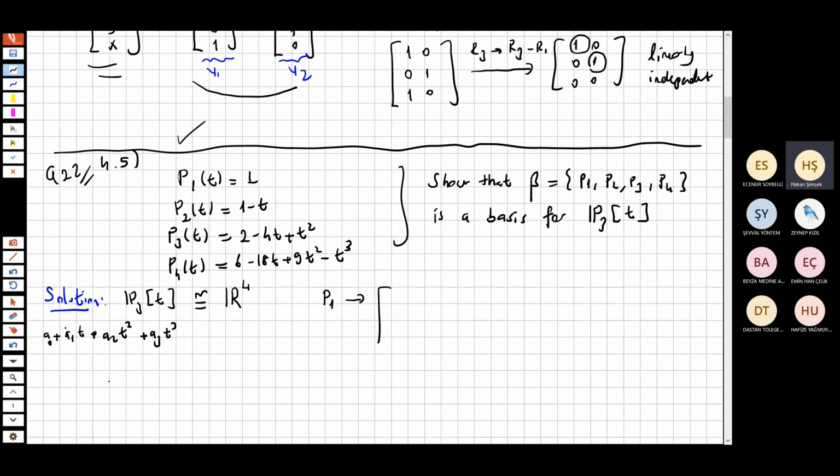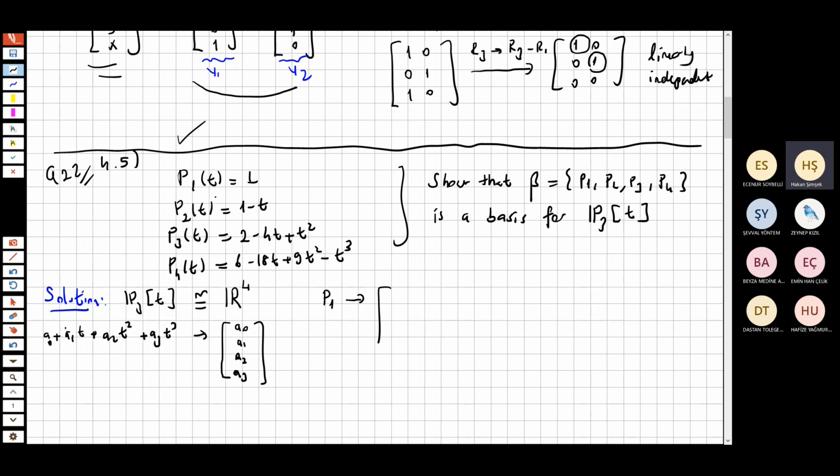We have 4 coefficients. Therefore, this polynomial is considered as a vector whose entries are a0, a1, a2, a3.